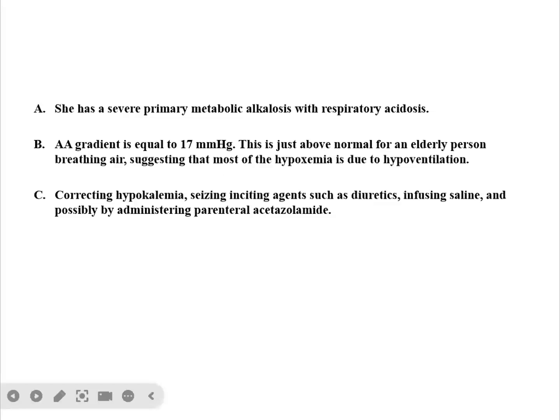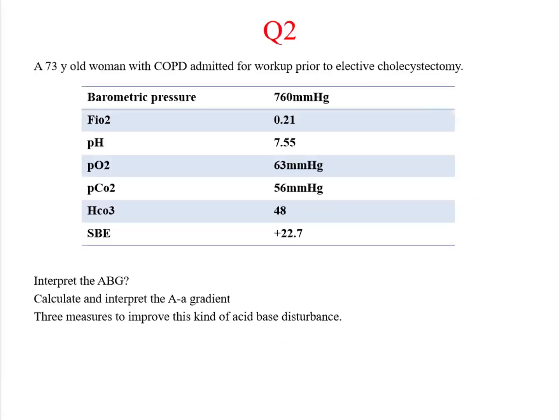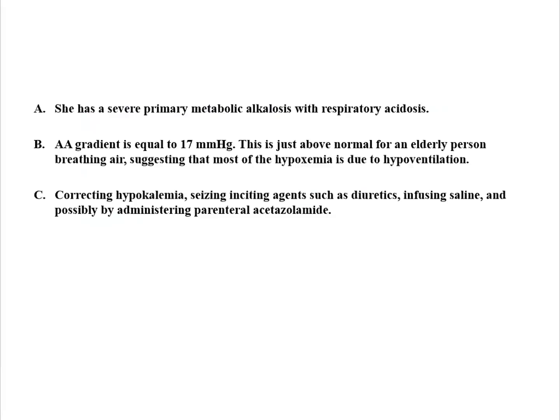As you know, what is the question here? Why is this patient having the metabolic alkalosis? He is a COPD patient, and he was planned for an elective cholecystectomy. This patient could have been on long-term diuretics, causing hypokalemia and leading to the present situation.